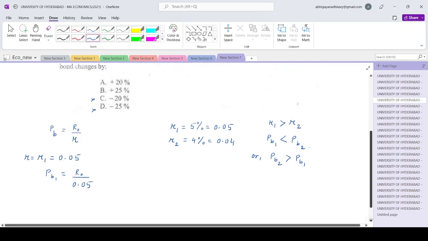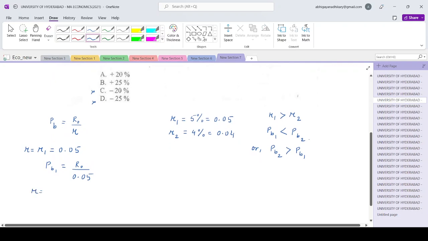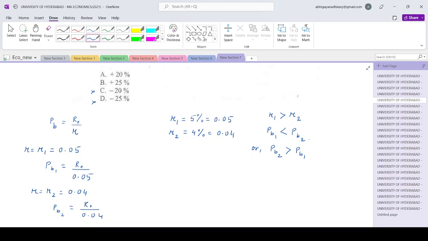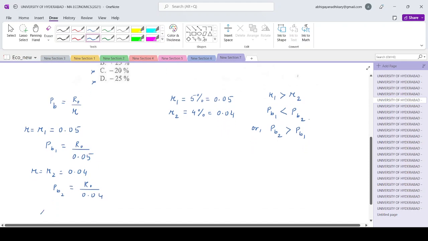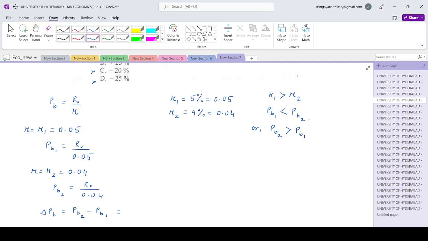0.05. With r equals r2 equals 0.04, PB2 is equal to R0 divided by 0.04. So what is the change in bond price? It is the current bond price minus the previous bond price, correct? So that is basically R naught taken common.